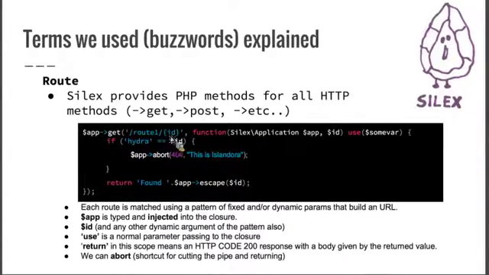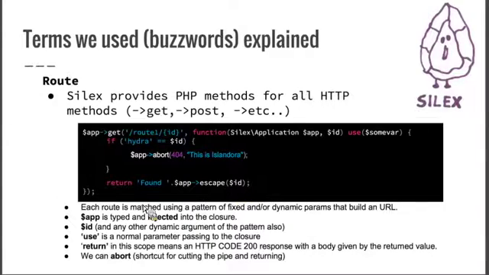If this ID is Hydra, I tell it, hey, abort, this is Islandora. And abort is also a shortcut for building a whole response message that says, hey, this is an HTTP response with code 404, and also abort everything and pipe this out. And if not, I can return a found app escape ID.